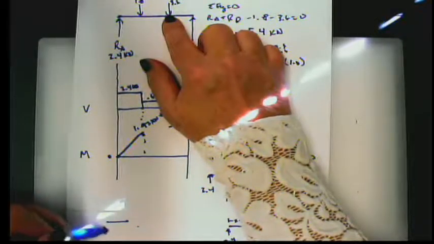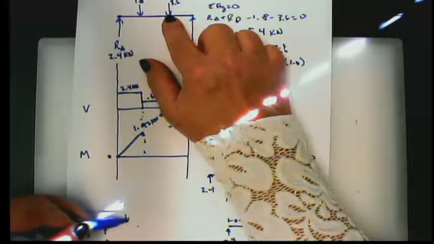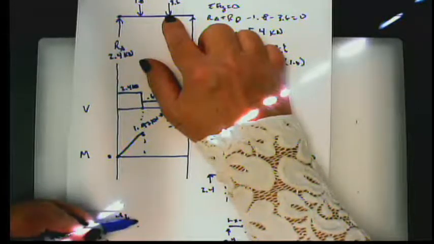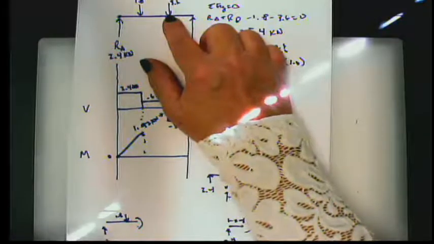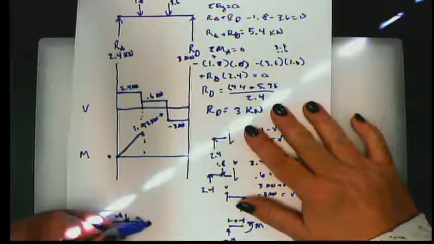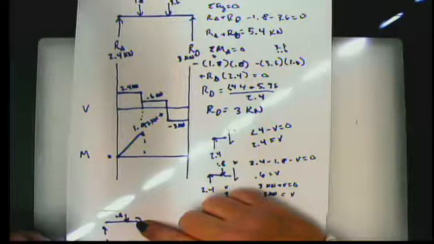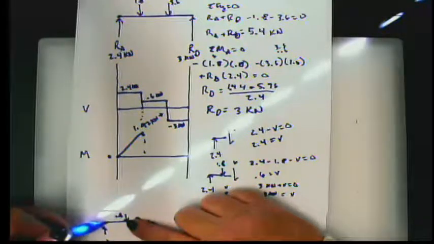Here we have a 2.4 kilonewton load, and here we have a 1.8 kilonewton load. And then we have some reactive moment. So from here to here, we have 2.4 times 0.8 plus x, because we're calling this always constant.